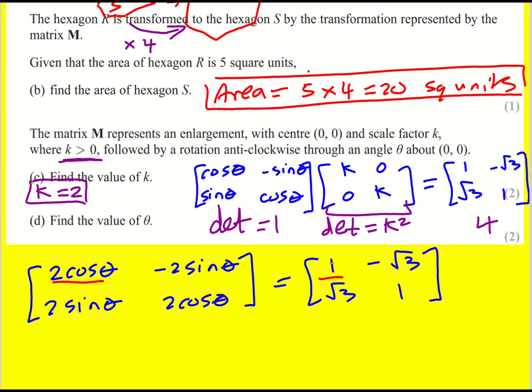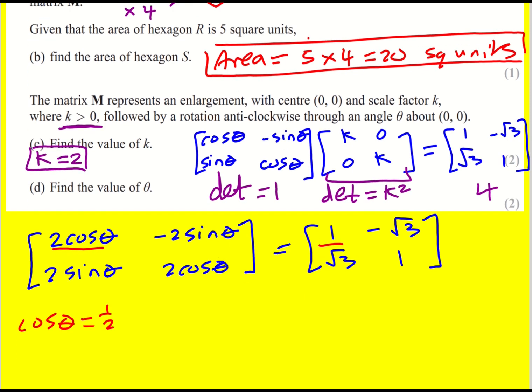It must be that 2 cos theta is 1, so cos theta is a half. And if I just look at this one here, sine theta is going to be root 3 over 2. If we look at any others, they're equivalent to it. Like this equaling this also gives us sine theta as root 3 over 2, and this equals this gives us cos theta as a half again.